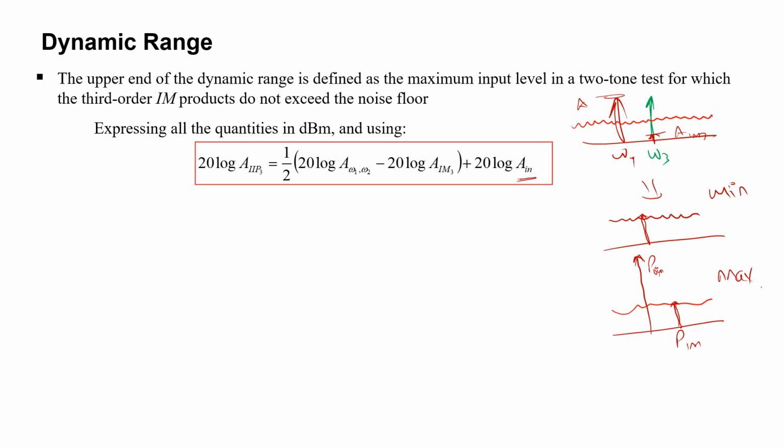So A in is the amplitude of the signal at the input.